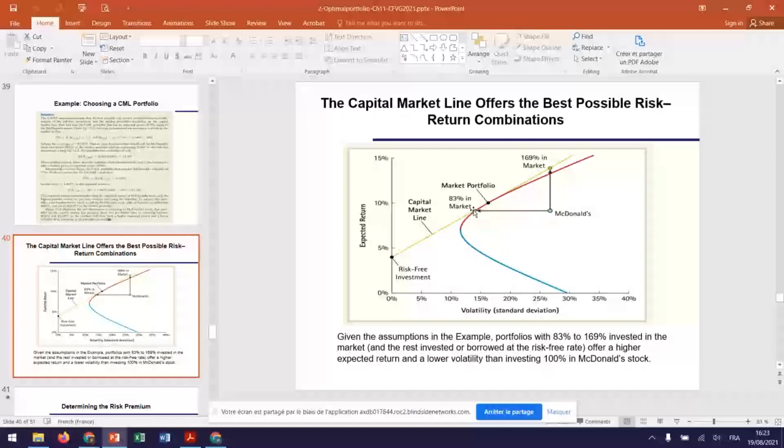At this point I invest 83% in the market portfolio and the remainder in the risk-free rate, and I have exactly the same return of 9%. However, the volatility comes down to a new level, much lower than holding McDonald's stock. Similarly, with the same level of 27% volatility, if I want to maximize my return, I need to invest 169% in the market portfolio, which goes to this point.